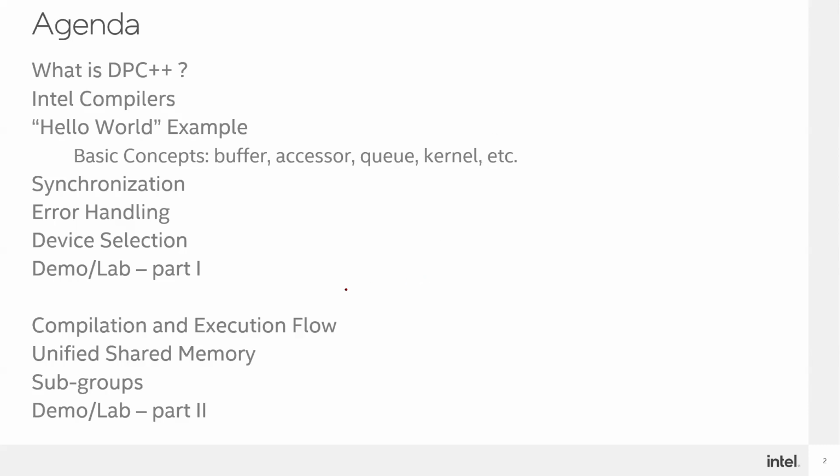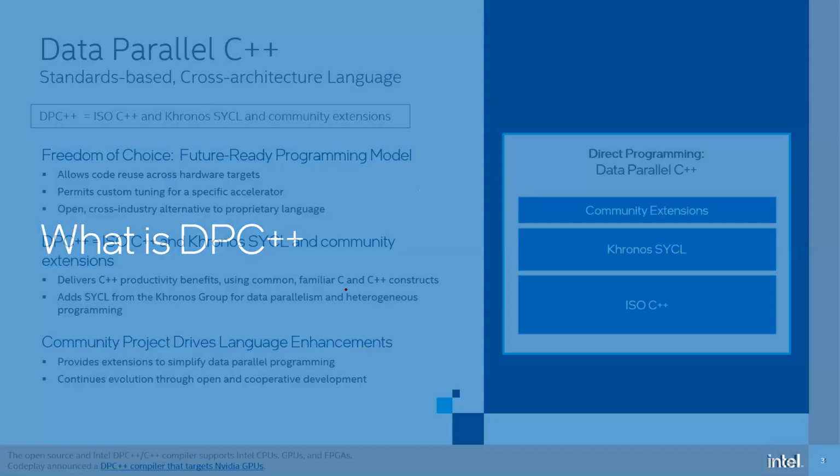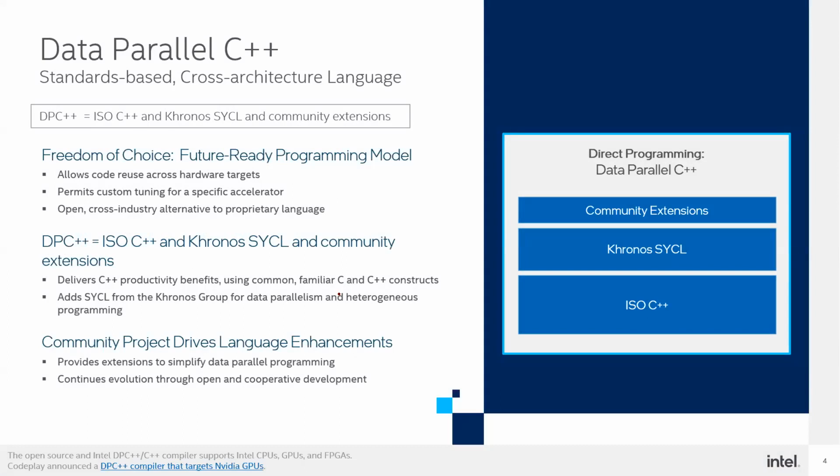So now let's talk about DPC++ in more detail. I think you've seen this slide many times, so I don't want to duplicate a lot, but the core concept is that Data Parallel C++ is not a new language. It's actually C++, and you need to keep this in mind, because it's different from, let's say, the CUDA approach, where you have new keywords and you really cannot compile it with any compiler except NVCC.